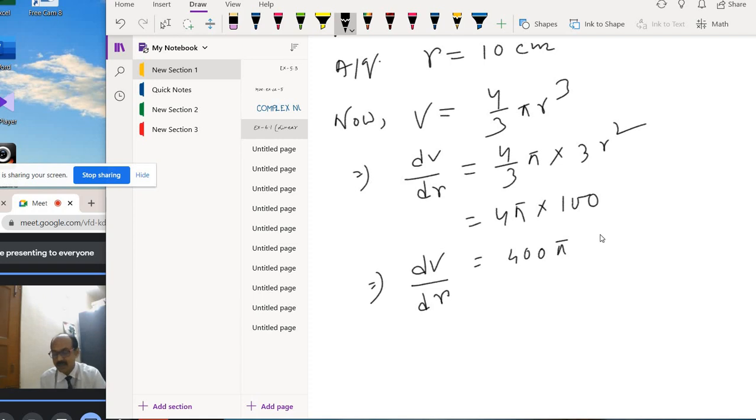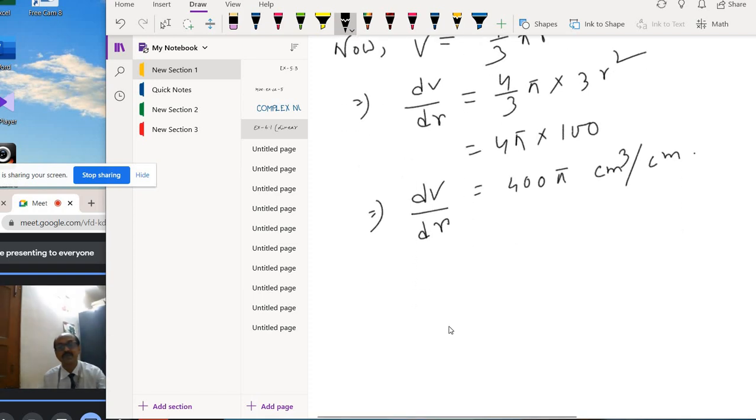And unit is centimeter cube. It is given radius in centimeter, so centimeter cube. And radius unit is centimeter. Okay. So 400 pi centimeter cube per centimeter. This is the rate of change of its volume.